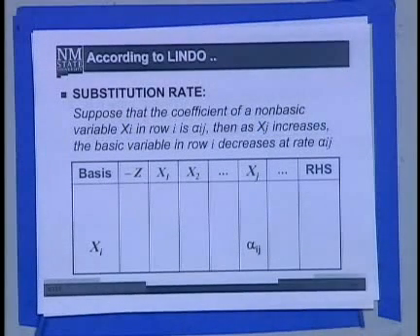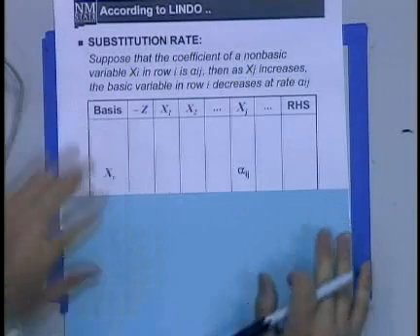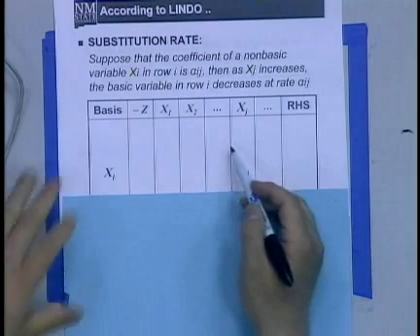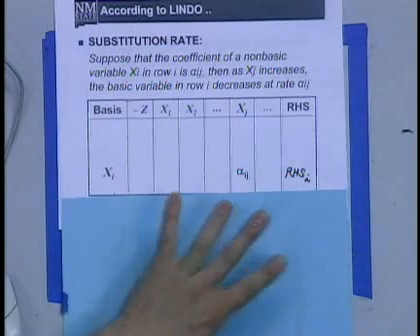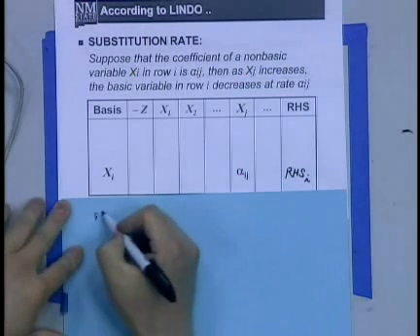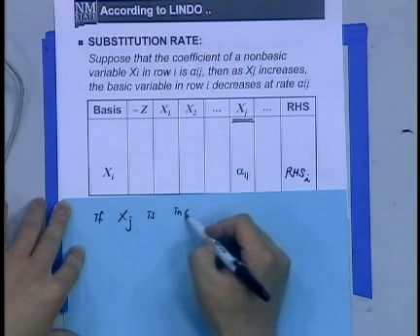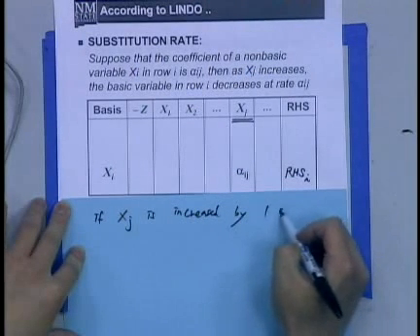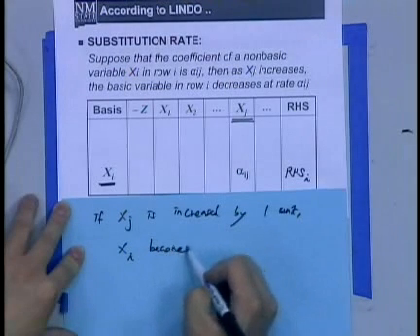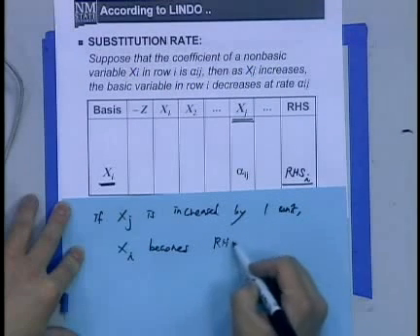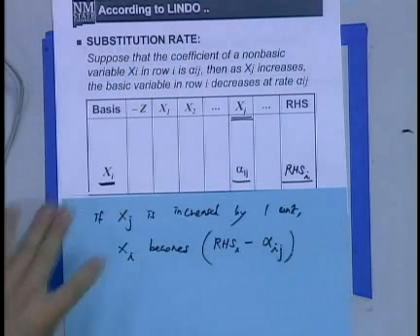For example, in this table, currently the value of xi is, let's say, the right-hand side of subscript I. Then if xj, that is the non-basic variable, is increased by 1 unit, then this basic variable xi becomes the current value minus this substitution rate, right? Is that correct?